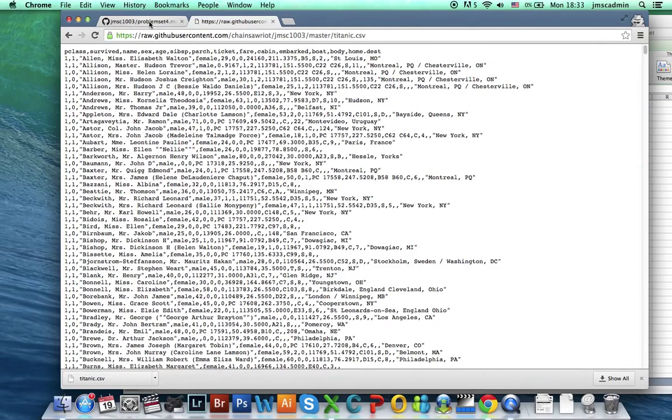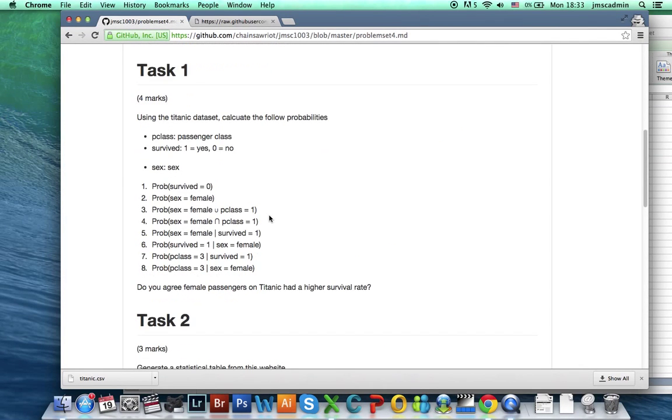So let's go back to the questions. We need to calculate those probabilities, right? In order to calculate the probability, you need to know the event and also the sample space.